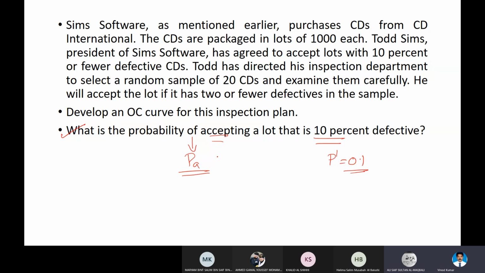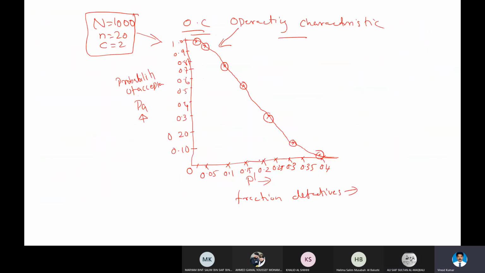We need to find PA from the graph directly. If you draw a vertical line from 0.1, it will meet the curve here. This will be the probability of acceptance for that lot, 0.7, whatever you are getting. Is that clear to you now? Yes, doctor. You can find anything from this graph if you give any defective.